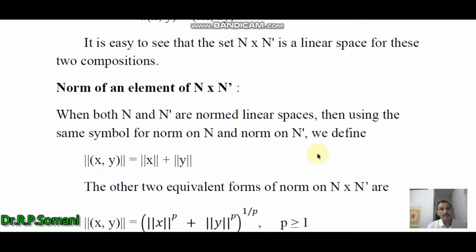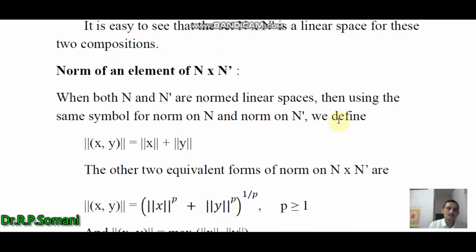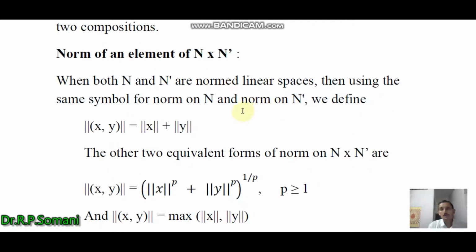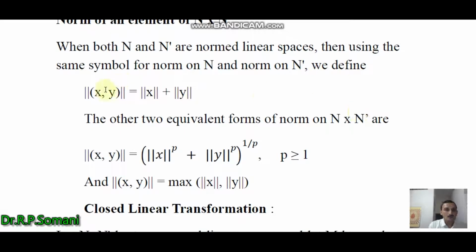Next we define the norm of an element of N cross N dash when both N and N dash are normed linear spaces. Using the same symbol for the norm on N and the norm on N dash, we define norm of (x, y) equal to norm x plus norm y.